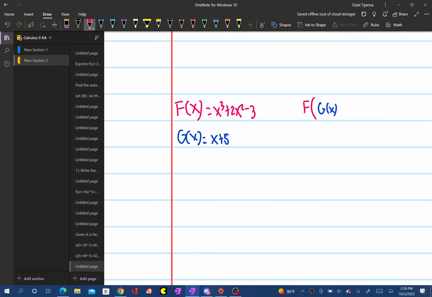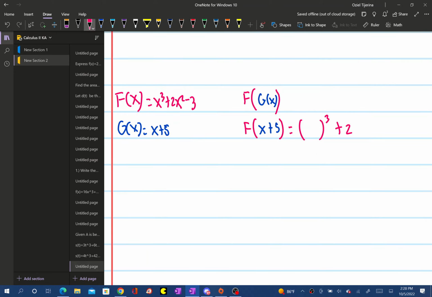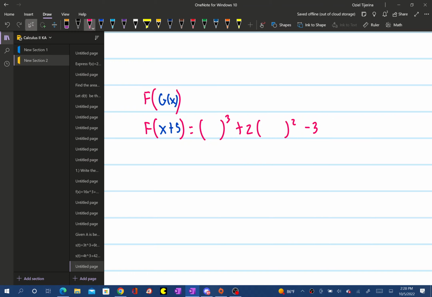So this will be f of x plus 5. So you're going to have the quantity cubed plus 2 times the quantity squared, and minus 3. So it's x plus 5 here, x plus 5 here, and then minus 3.